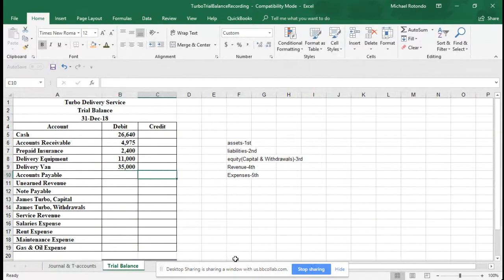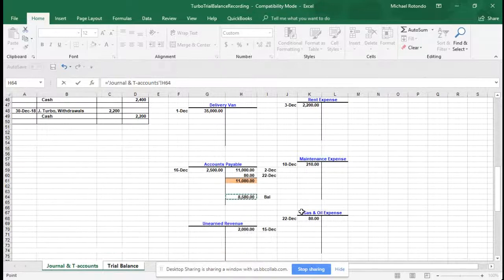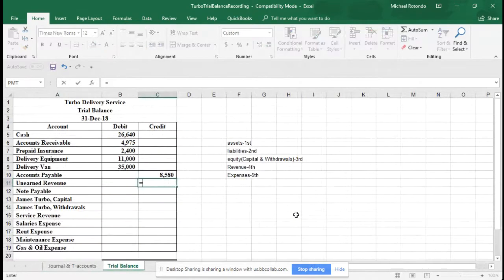Now, when we get to the liabilities, there's a very good chance that that's a credit balance, and we would expect it to be. So we're going to go over to the credit side, and we're going to go to our Journal and T Accounts page, and we'll pick up our accounts payable balance, okay? Not the individual footings. Unearned revenue, same thing, type in equals.